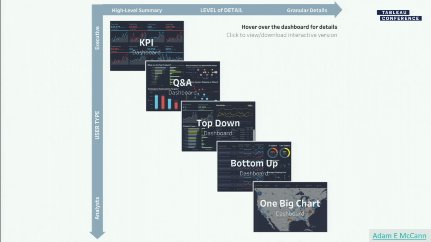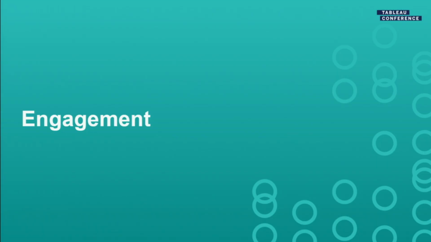On the top left, we have the KPI dashboards, which is similar to what we talked about in terms of informing data in the first example. As you go closer to the right or down, you're letting your users explore and construct their own stories. Now, the next element is engagement.